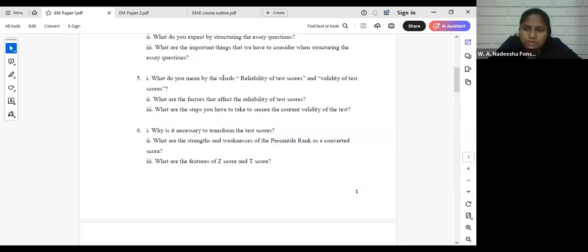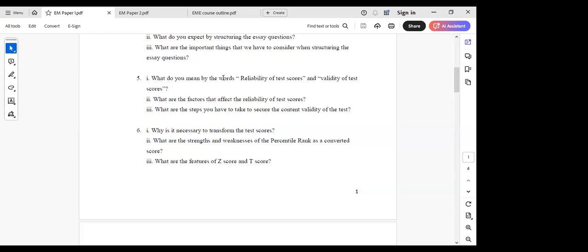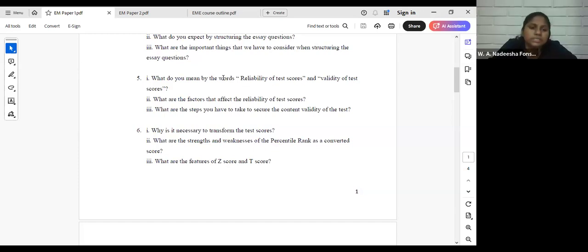Direct comparison of two scores. Yes, we have to compare the two scores. Why? To measure the real ability of the students. Yes, we want to measure the real abilities of the students. That is why we have to transform the test scores. There you can explain it by taking an example also.